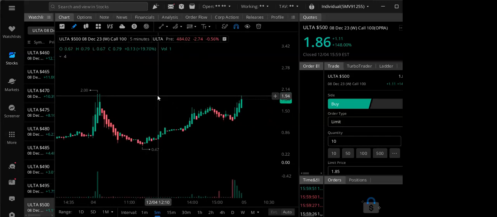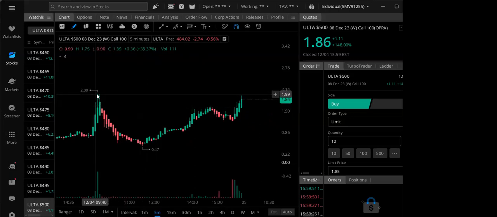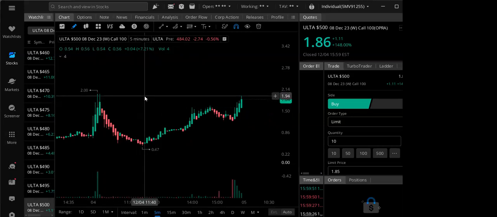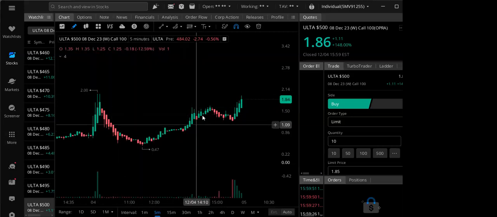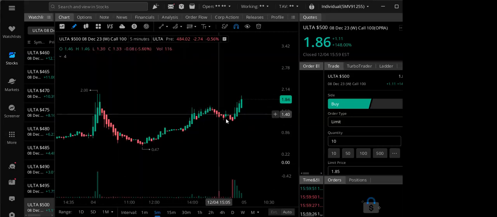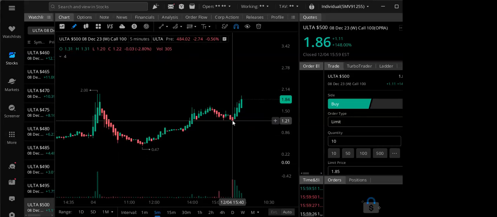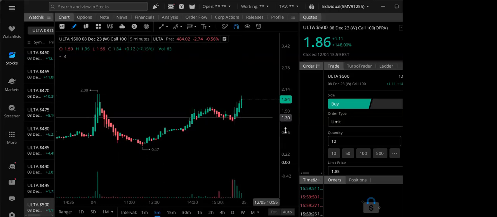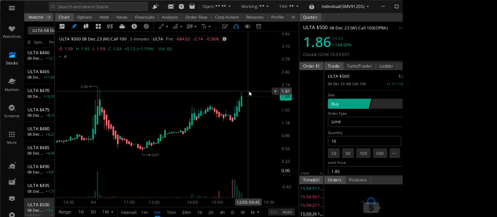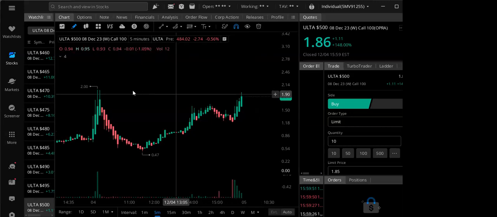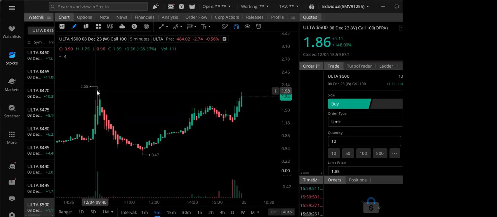Now, if we look, you're anticipating this contract should go back to this level or slightly below it. So the first time it went, it didn't hit that level, pulled back, but you're still in the money. Then it went all the way up to 196, barely rejecting this level.